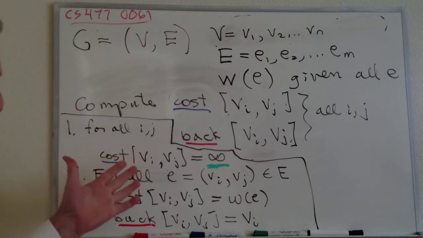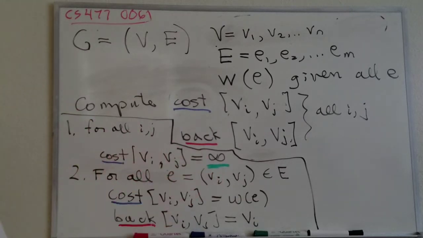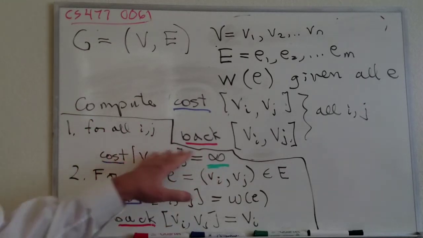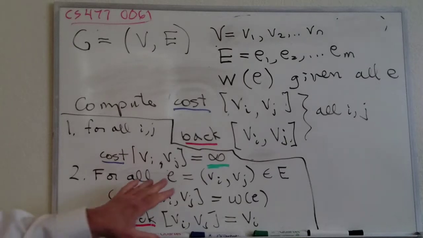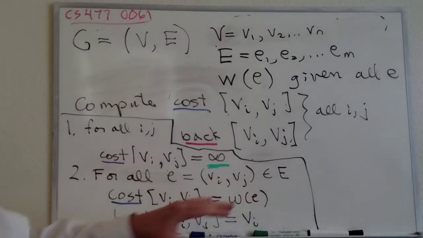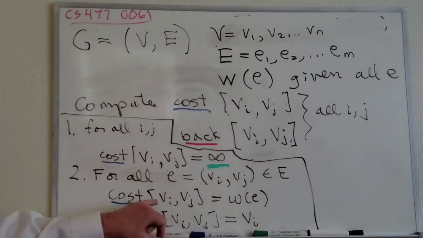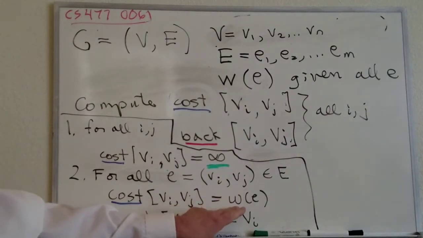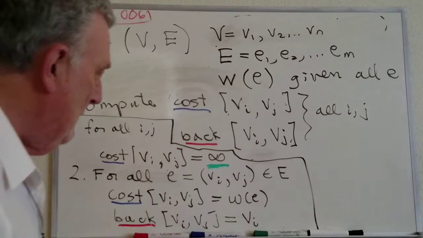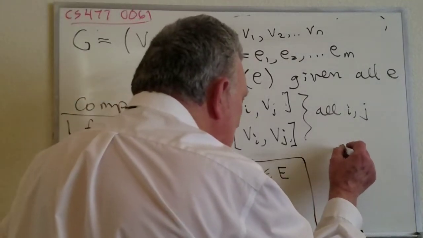But if there is actually an edge, we're going to alter that. So first we make all of them infinity, including the ones that are going to be real numbers. And then, if there is an edge from vi to vj, we set the cost of the path from vi to vj equal to the weight of that edge. So the way we think of it is this.